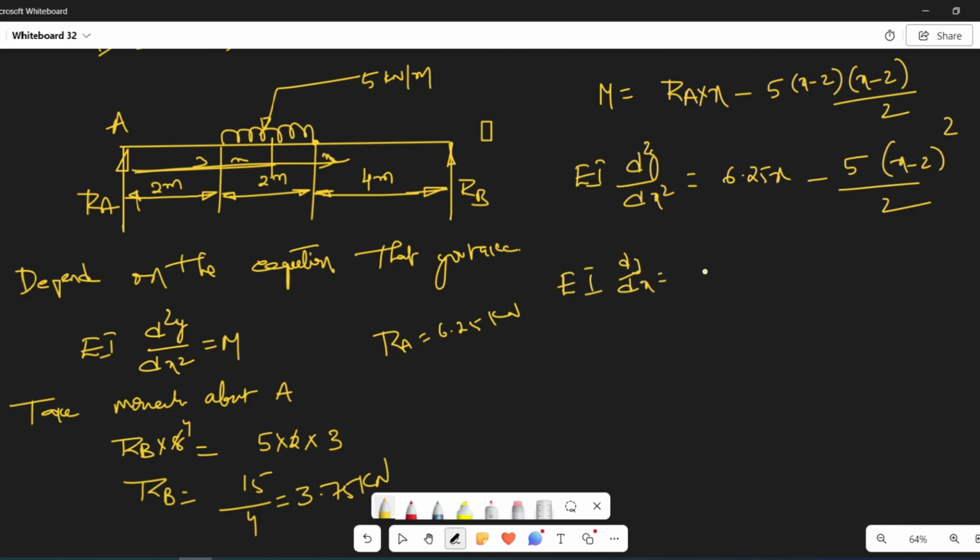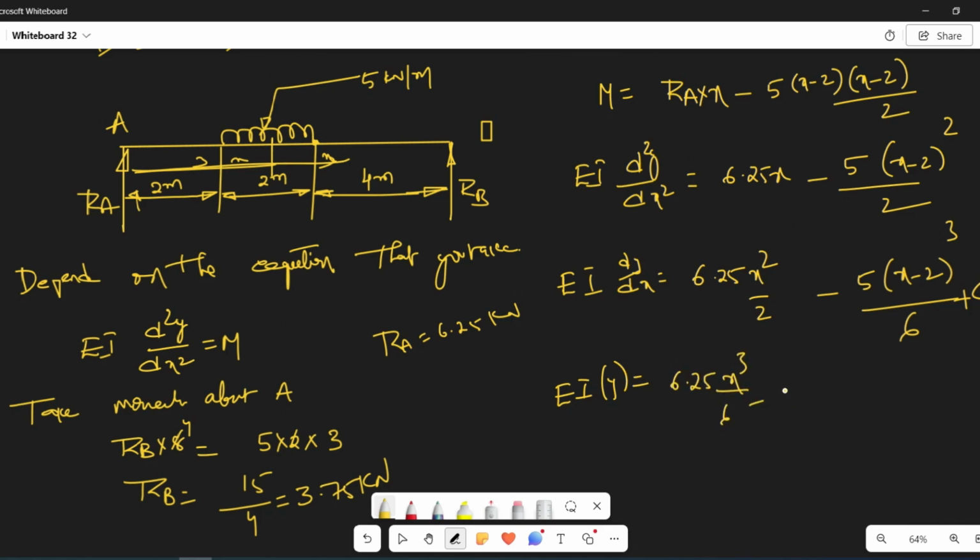EI dy by dx equal to 0.25 x square by 2 minus 5 into (x minus 2) cube by 6 plus C1. Now again integrate it. I forgot to add C1. EI y equal to 0.25 x cube by 6 minus 5 into (x minus 2) to the power of 4 by 24 plus C1 x plus C2. Now the real problems.